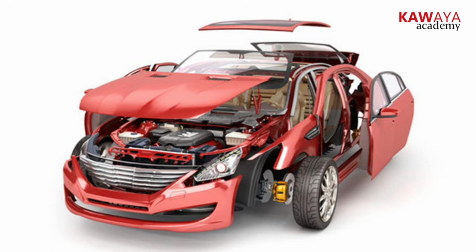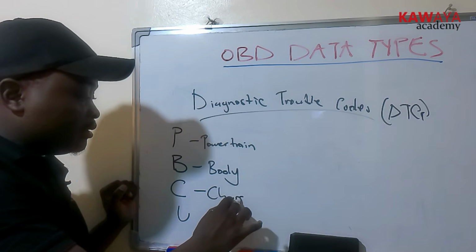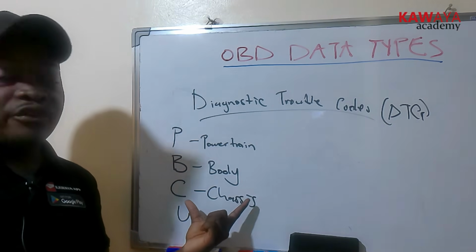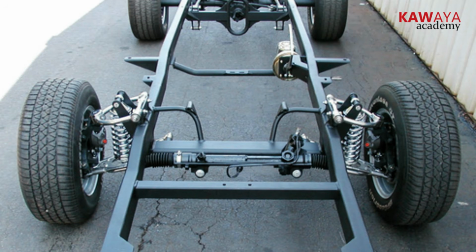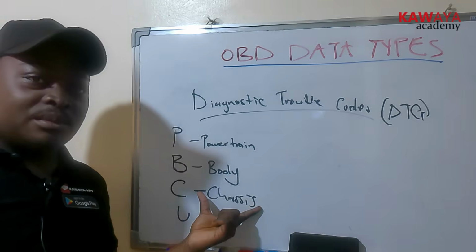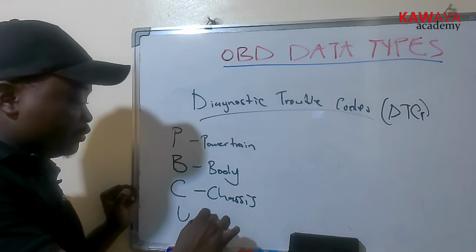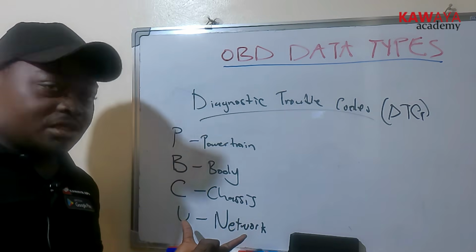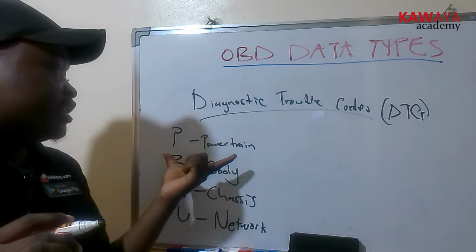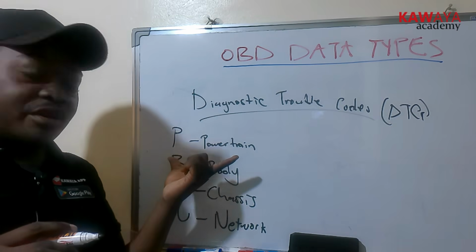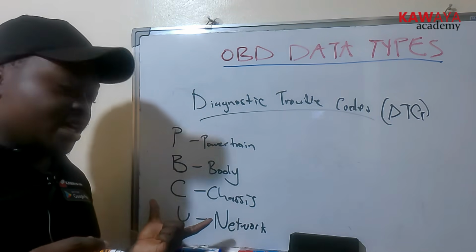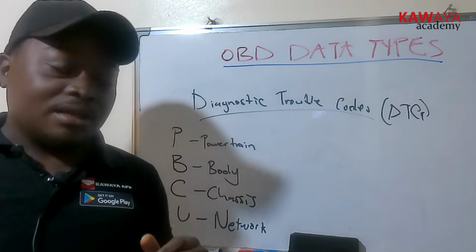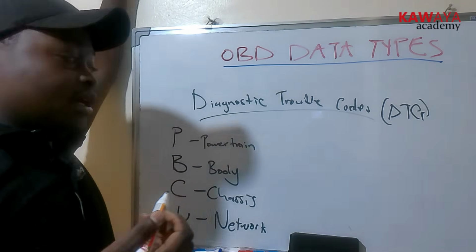We have the chassis, and the chassis is basically the frame of our vehicle, so components here can include the suspension system. We have U, and U is network, so this is where you'll see CAN bus codes and so on. So if a code starts with P, it is to do with the powertrain, B is body, C is chassis, and U is network.